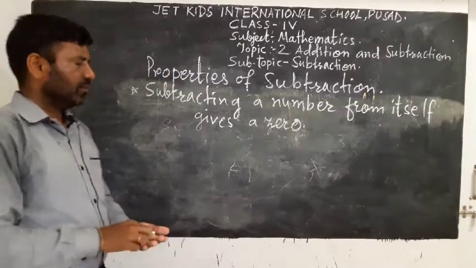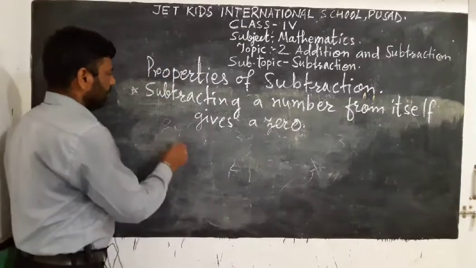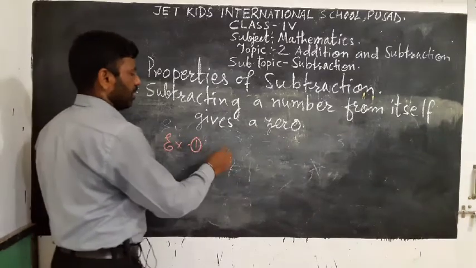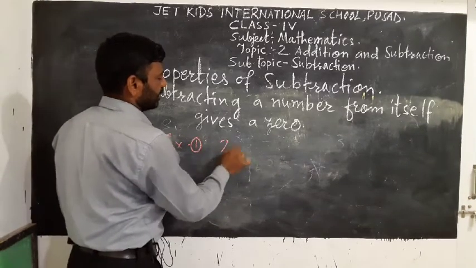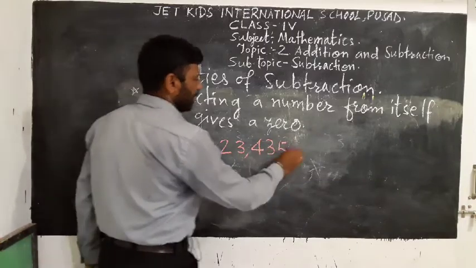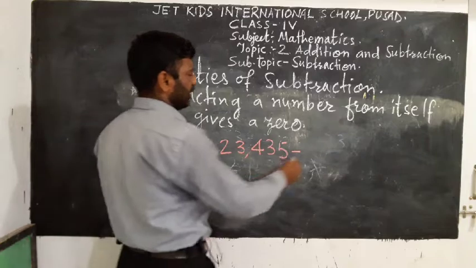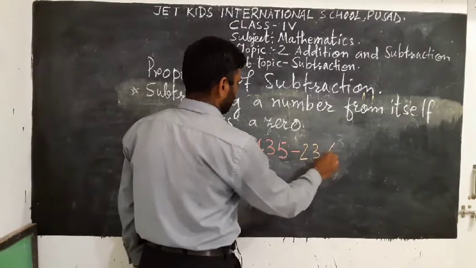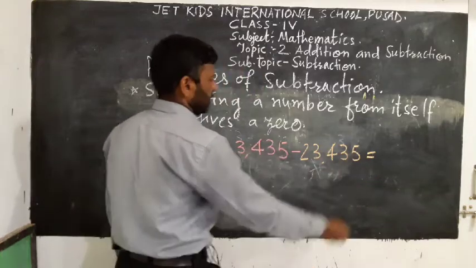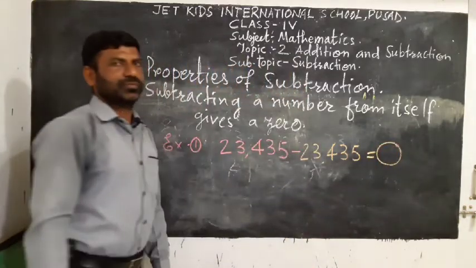Very simple. If we subtract, for example, 23,435 minus the same number, 23,435, the answer will be 0.